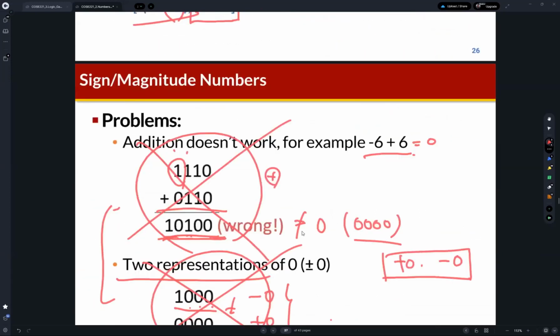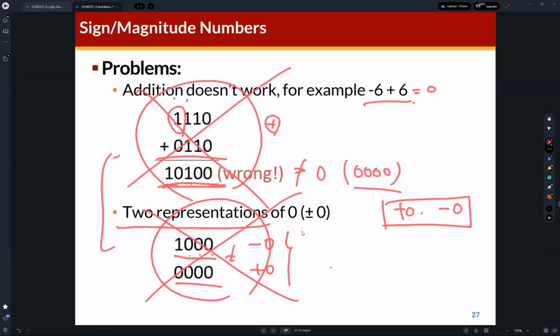But I mentioned that we do not use sign and magnitude number system because why? Because we cannot apply normal arithmetic units for calculating sign and magnitude numbers. This is the example. Okay, and also another reason is that there are two different representations of 0.